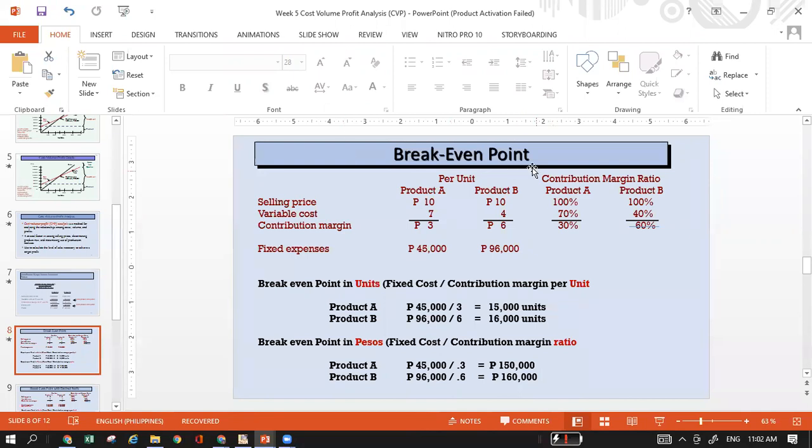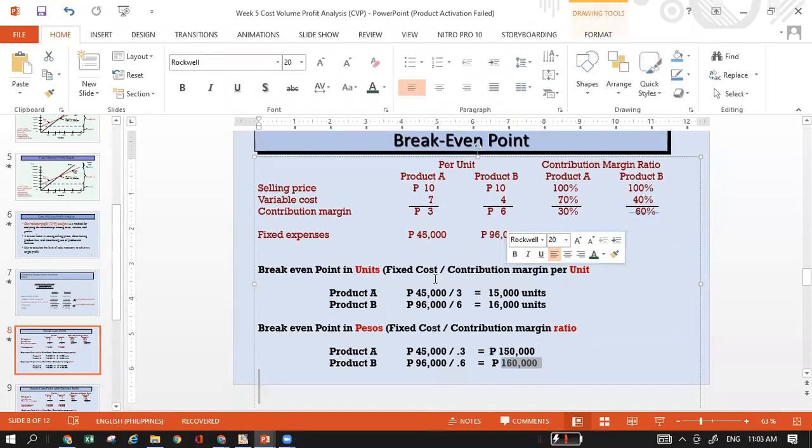So let's compute for the break-even point. For product A, we have the selling price at 10. The variable cost is 7. So our contribution margin is 3 pesos per unit. Later na lang yung product B. So our fixed cost is 45,000. How to compute for your break-even point in units? Fixed cost divided by contribution margin per unit.